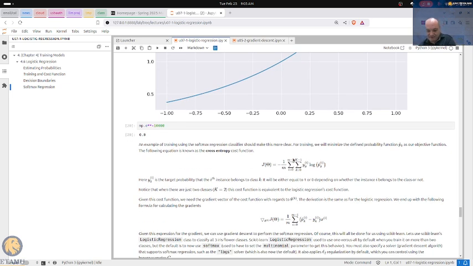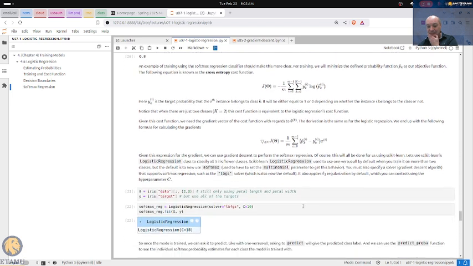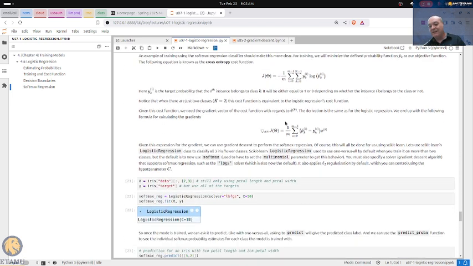I don't think it's necessary that people understand the nitty-gritty details of all this. I think the big picture thing to understand is that this is one way to generalize the logistic regression for if we have more than 2 classes. Okay? So we can use the softmax. It works out in a similar way.